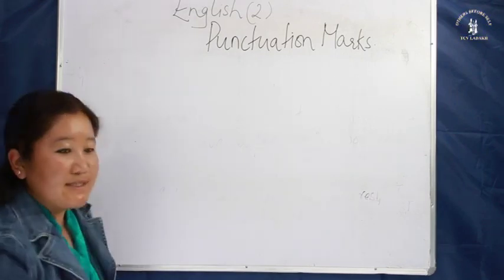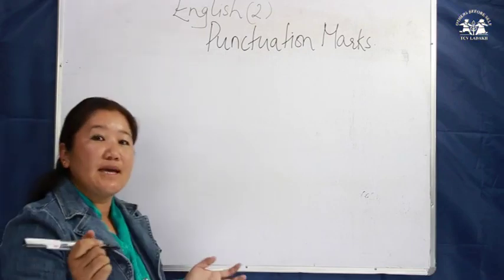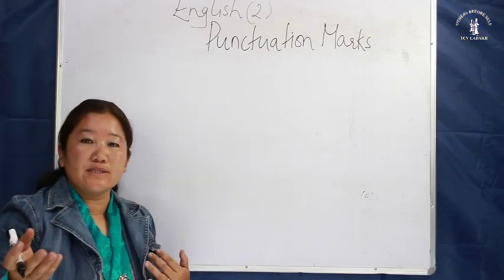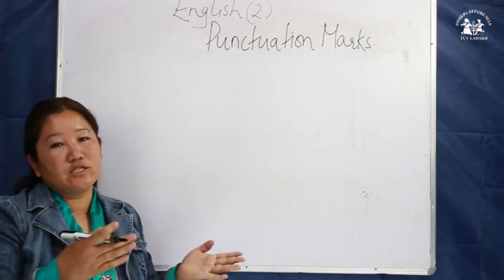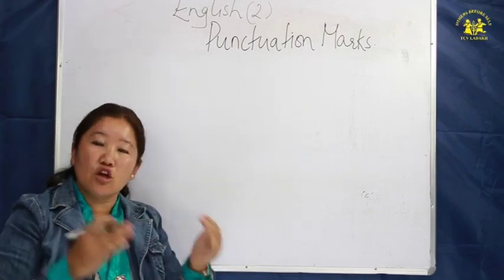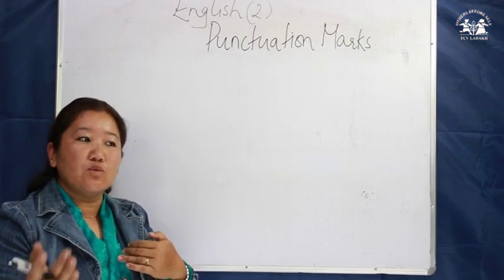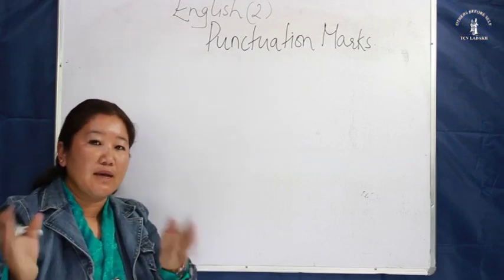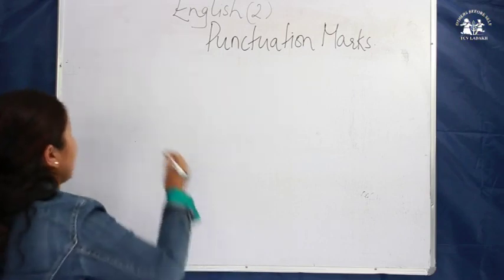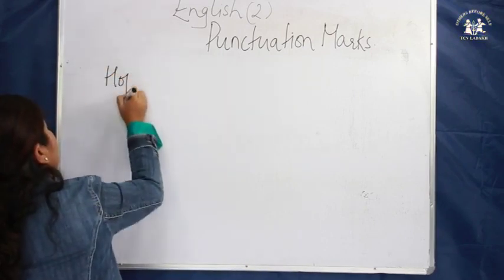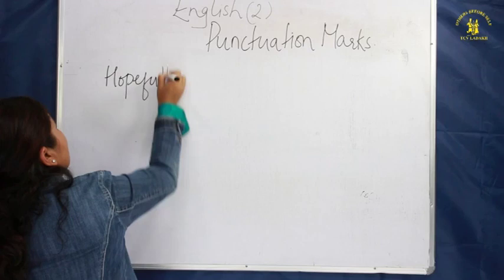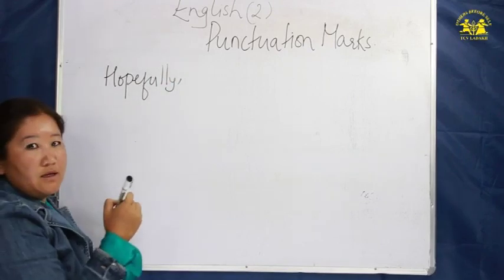Okay. All right. So the next one is that a comma can be used to express an adverb, a word which is not connected to, or which is different from, the main clause. For example, we say hopefully, and then you use a comma.